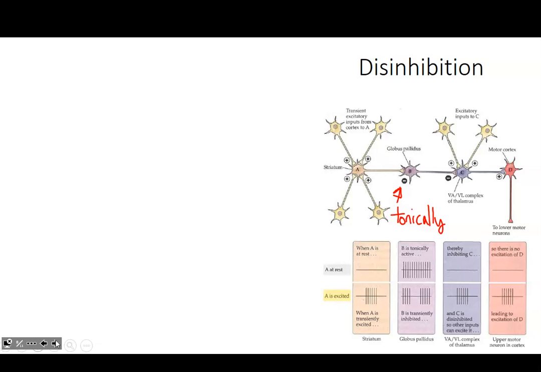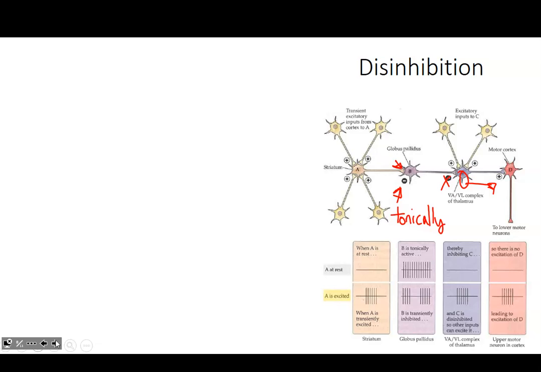Neuron B is tonically active, and it produces inhibitory input when it's tonically active. So if we excite this cell and inhibit it, that disinhibits this synapse and allows it to fire. The result of that is this neuron can now release its excitatory neurotransmitter, and that activates lower motor neurons.